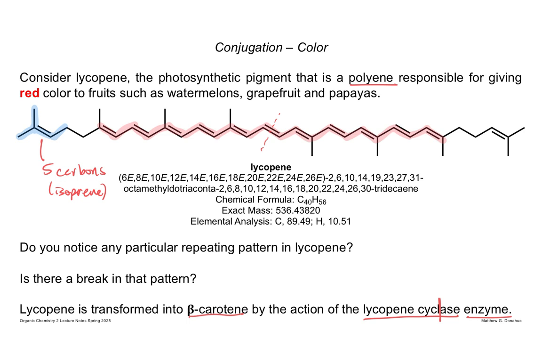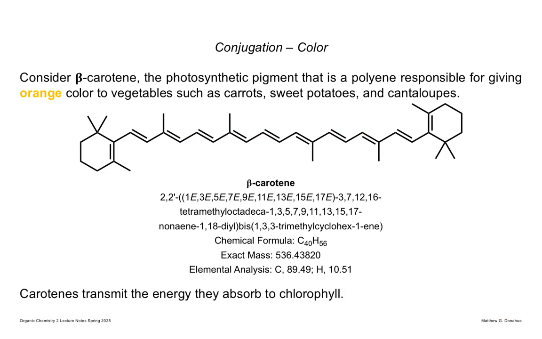So take a snapshot of that in your brain. Boom, that becomes this through an enzymatic reaction. And so now this is beta-carotene. And so it's a polyene responsible for giving the orange color to vegetables such as carrots, sweet potatoes, and cantaloupes. And all we've done, again, remember that alkene at either end that was not conjugated?